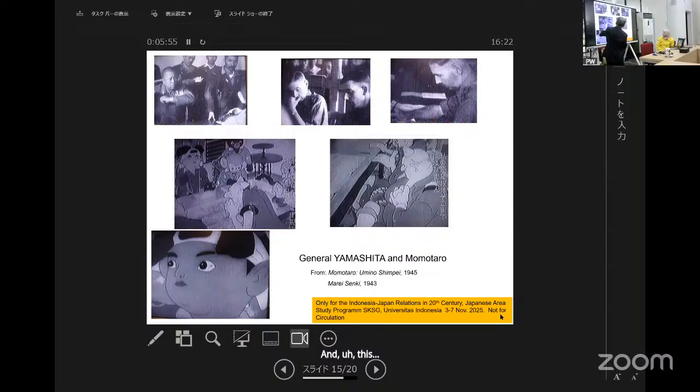This Momotaro, Umi no Shinpei, and another short animation film, Momotaro no Umiwashi, made in 1943, I think, are so famous. But Momotaro Umi no Shinpei reflected the wartime Japanese public feelings.